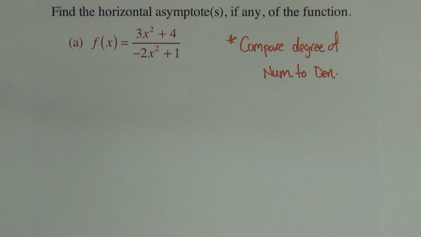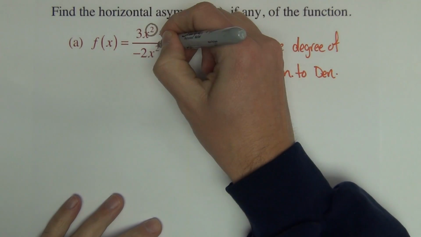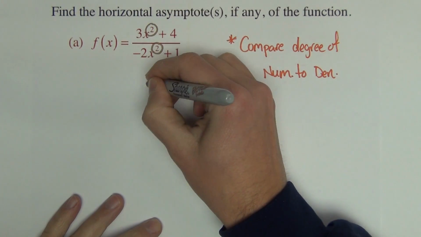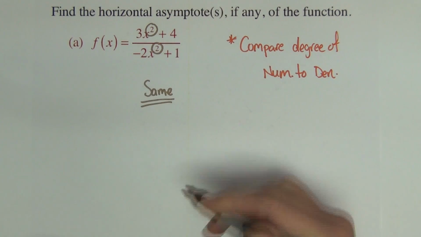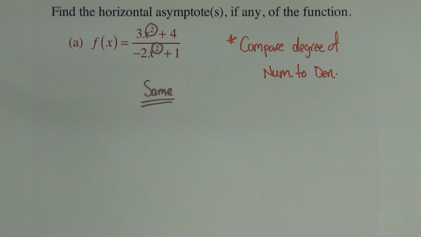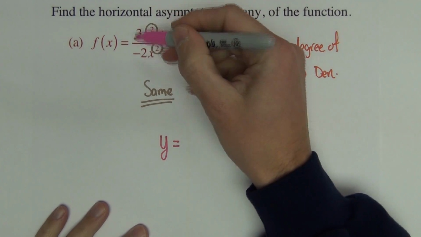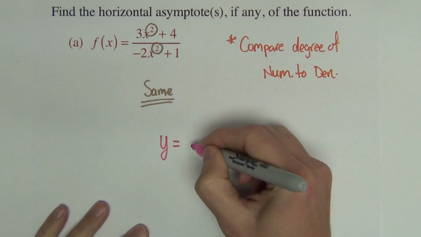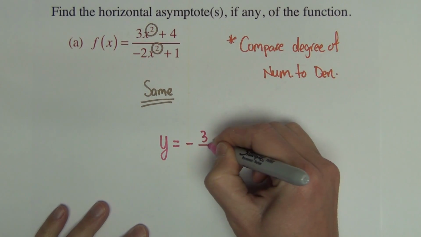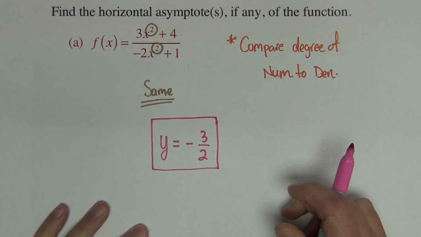Degree is the power of x, and in this particular problem, the degrees are the same. Okay, that's important. When we have the same degree on top as we do on bottom, then the horizontal asymptote y is simply equal to the ratio of the coefficients. 3 divided by -2, so -3/2. That's all there is to it.